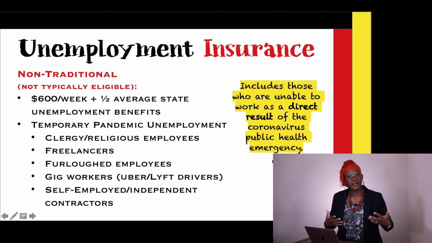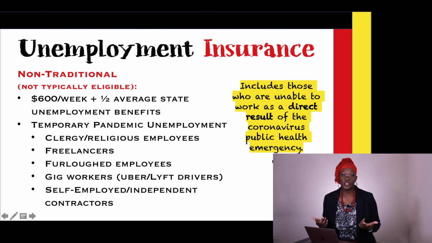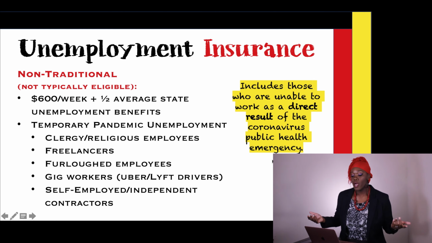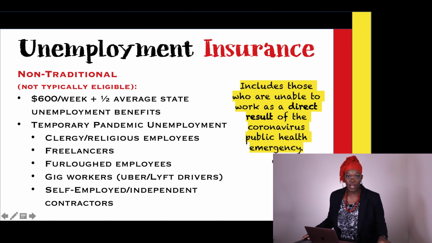And basically those individuals are people who are now unable to work as a direct result of the corona public health emergency. And that's important to notate because it's directly a part of the act, but also because, like I said, I'm sure they're going to be watching this pretty closely.